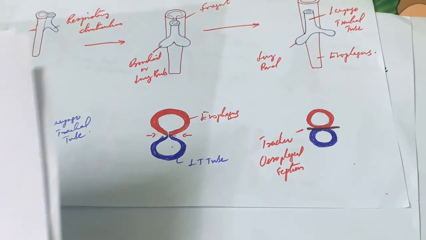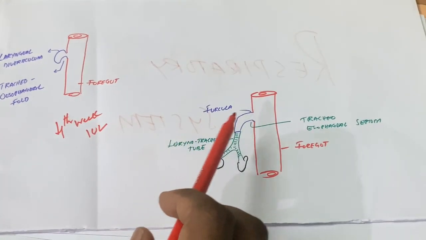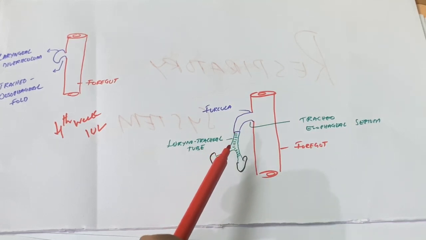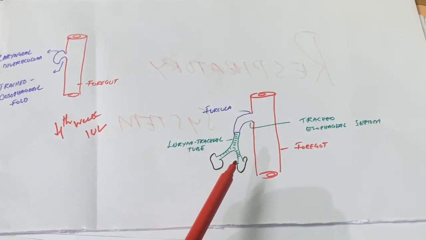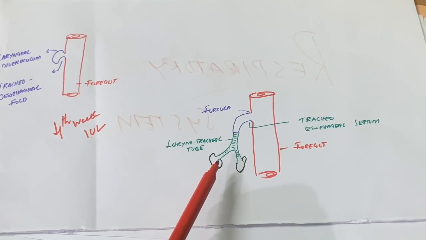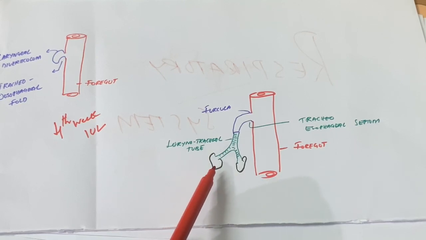Now here you can see this one. This is the diverticulum, and this is the laryngotracheal tube, and this is the lung bud, and these lung buds will be invaginated into the pericardio-peritoneal canal, and ultimately they form the pleural cavities.